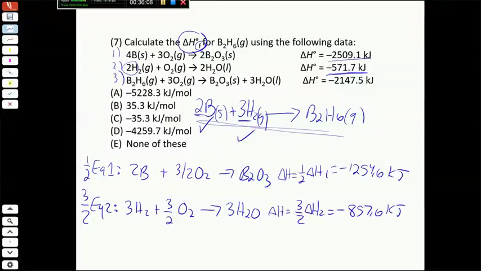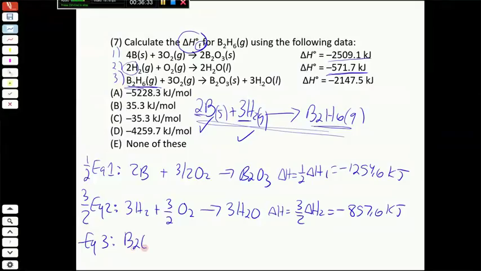And then finally we see that our product is B2H6. B2H6 only appears in the third equation, but it appears as a reactant in the third equation. We want to put this on the product side, so we have to invert or flip this third equation here to put B2H6 over on the product side. So we're going to take the inverse of equation 3, which means the reactants become the products and the products become reactants.